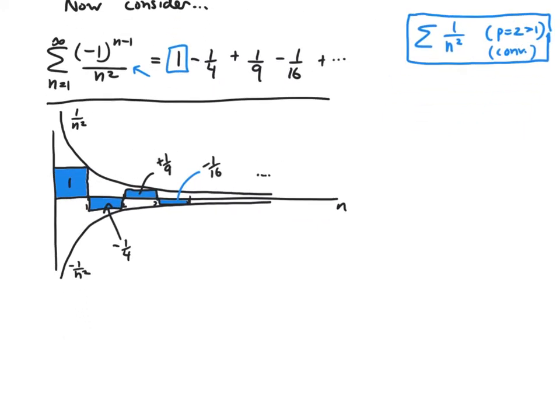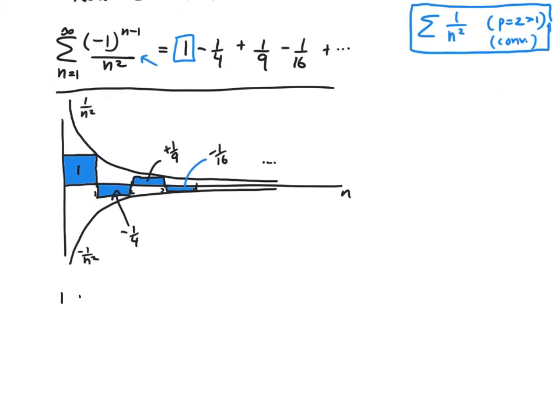So, we're essentially asking this question. If I know that taking 1 and then adding a quarter and adding a ninth and adding a 16th and adding a 25th and continuing on like that equals something finite, okay, I think this converges to 2, but it equals something finite.